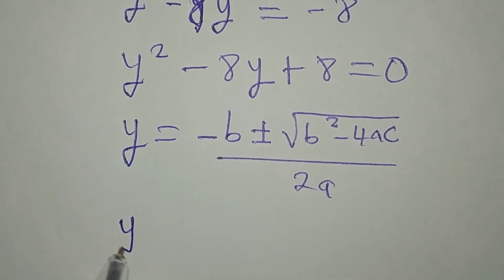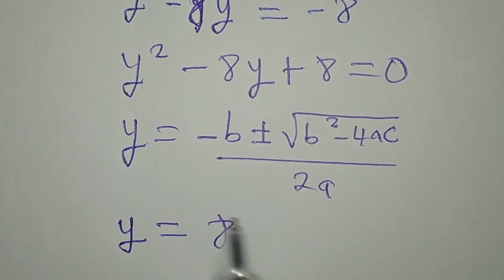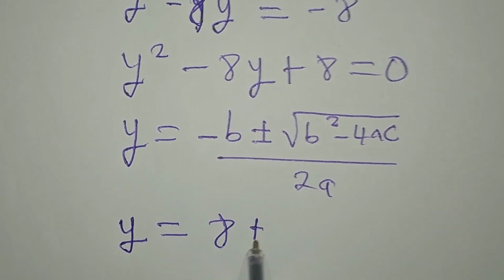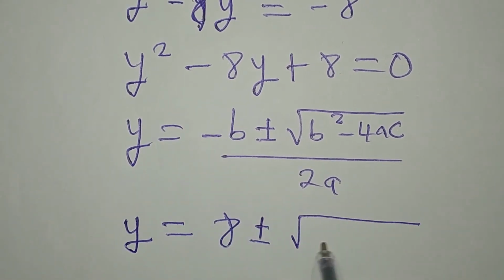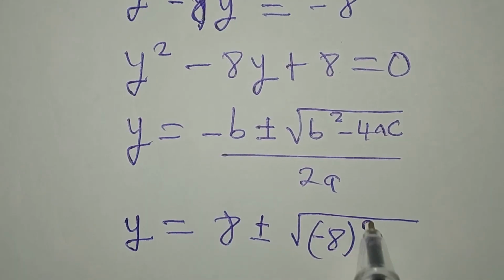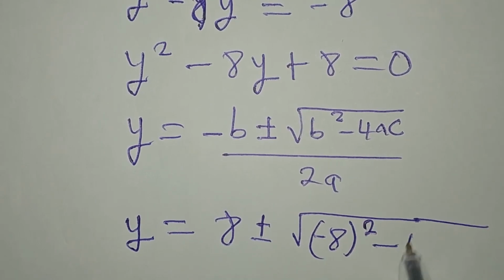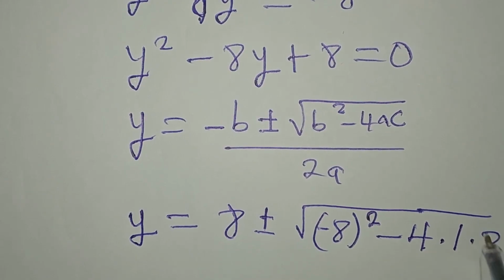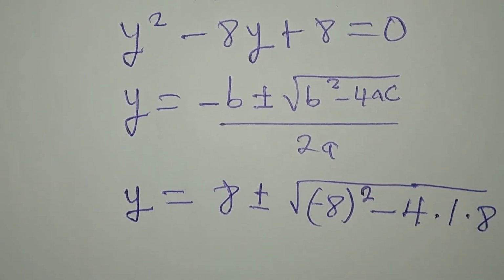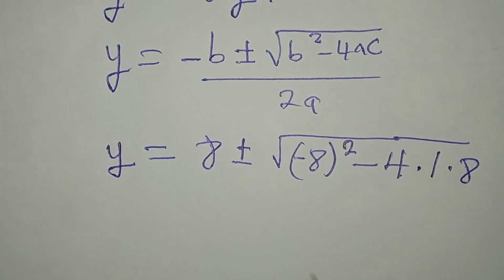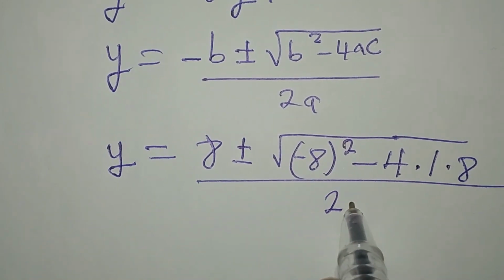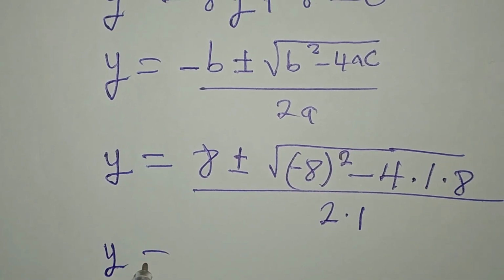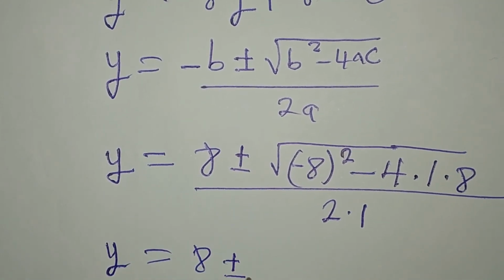So we're going to have y equal to 8, negative will give positive, then plus or minus square root of -8 squared, then minus 4 times 1 times 8, because a is 1 and c is 8, right? So whatever that we have, divide by 2 times 1, because a is 1.